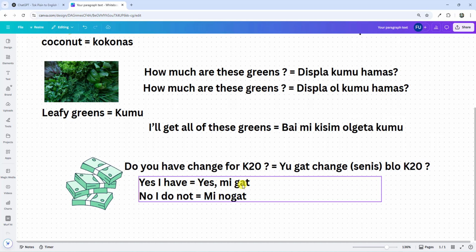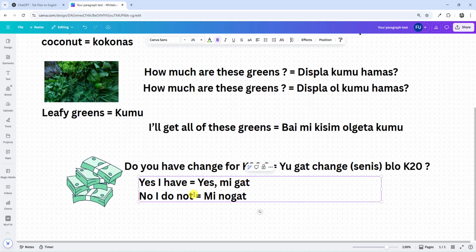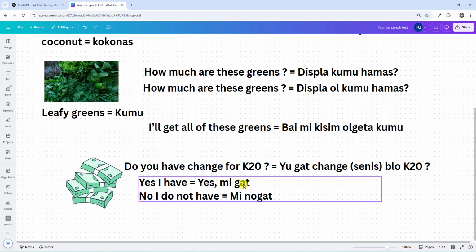Have is got. Or if they don't have change, they might say mi no got. We just added the no in front of got, and it's like I do not have. Got is have, and no got is do not have.